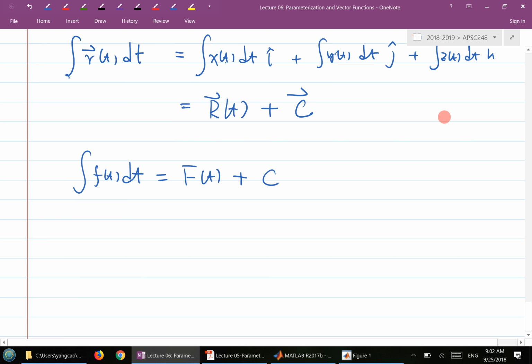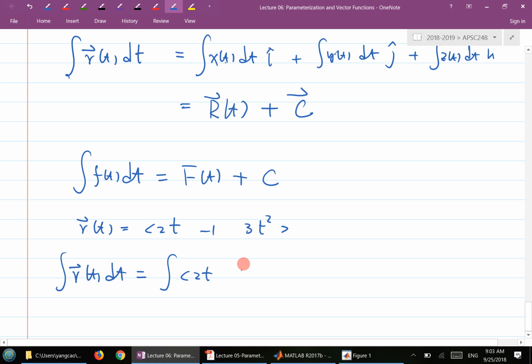In terms of exercise, there isn't much to exercise here. It's just the typical integrals that you have done in your first year. So let's quickly give an example: 2t, negative 1, 3t squared. Suppose this is your r of t, and we're going to integrate it.